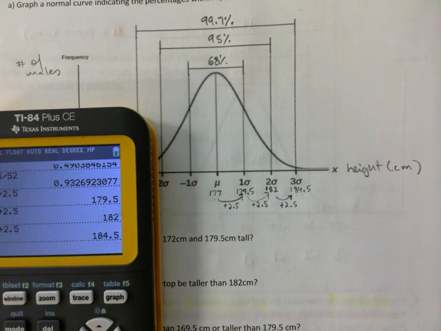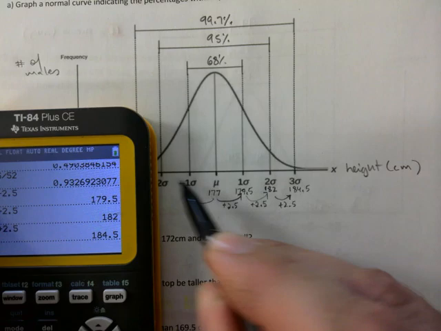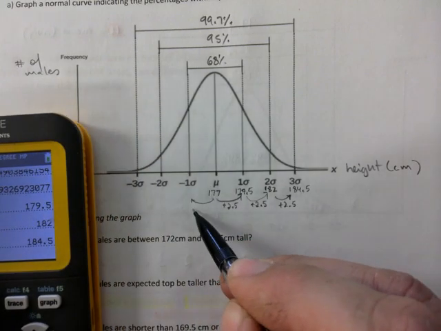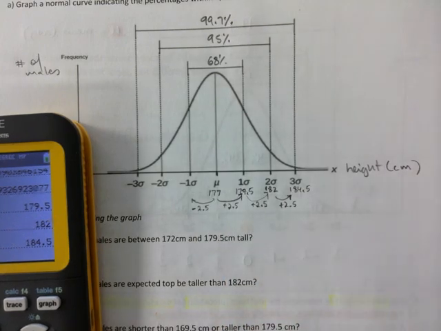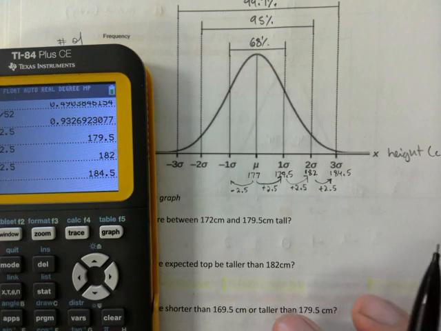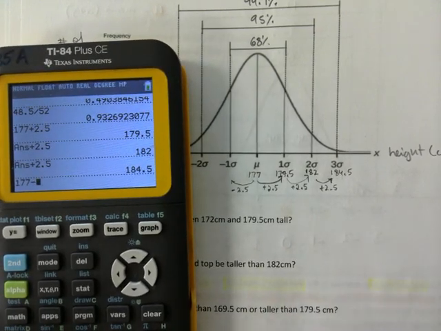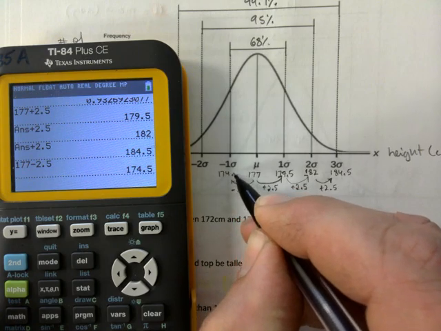Let's go left. If you go to the left, this is your x-axis, so it's going to go down. So you go minus 2.5. On your calculator, 177 minus 2.5 is 174.5.